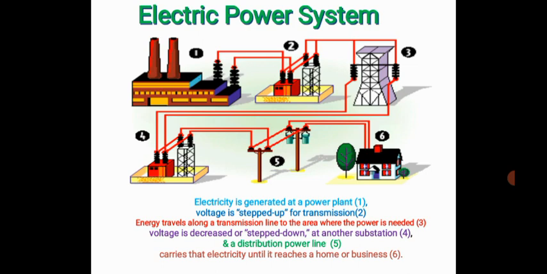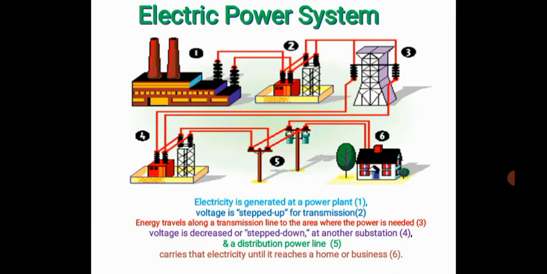At step 2, after the electricity is generated, we have to step up the voltage for transmission purposes. On step 3, in the third diagram, the energy travels along the transmission line to the area where the power is needed.